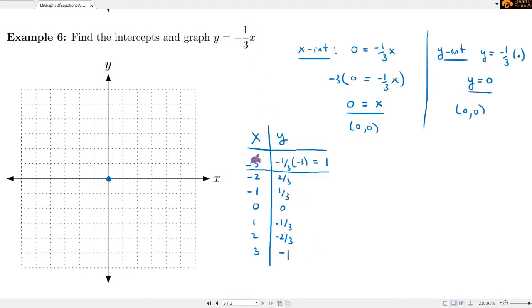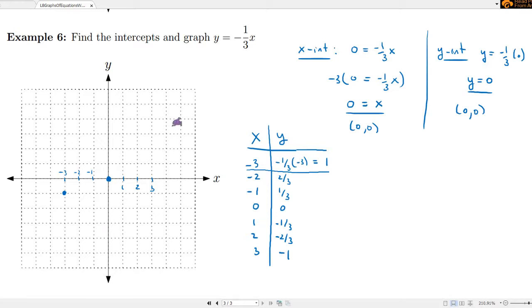Okay, so let's plot the nice values. So -3, 1.